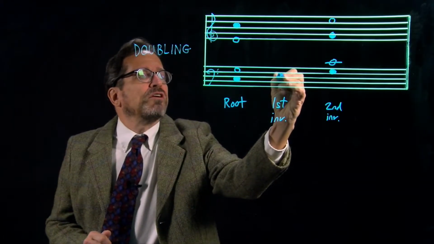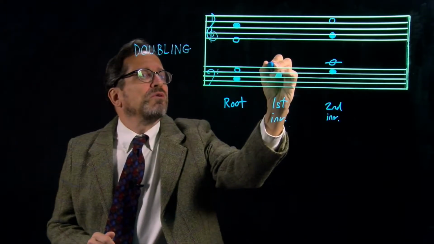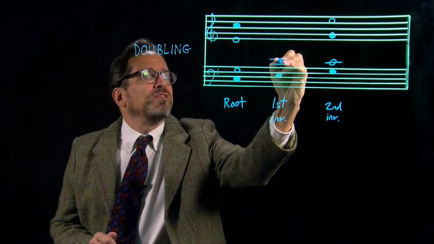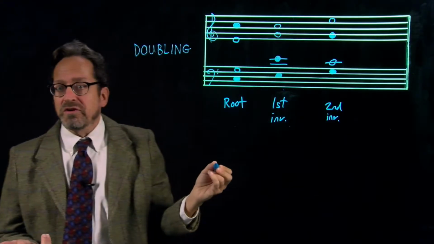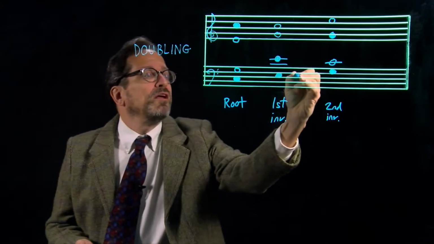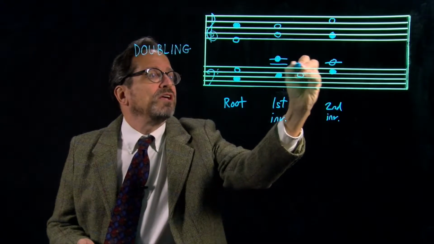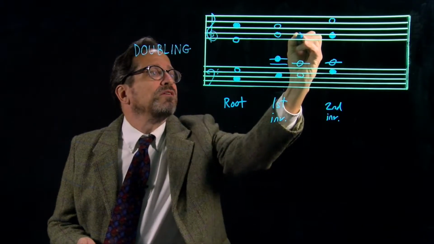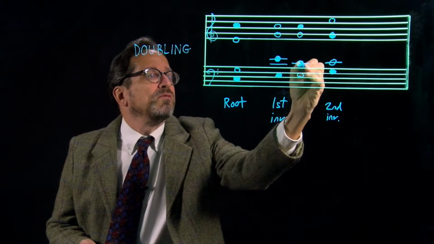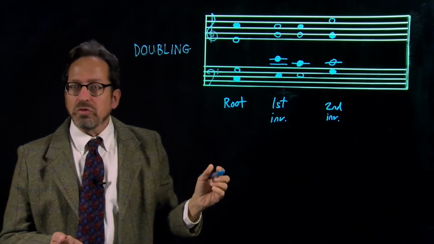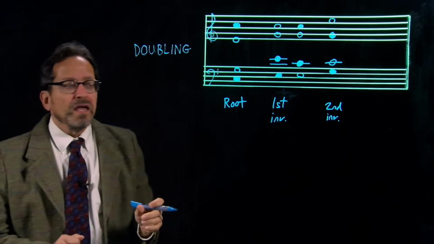If I have the third in the bass, there may be certain situations where I would want to double the bass and double the third of the chord. There may be a situation where instead of doubling the bass, I might double the soprano. Both of these are first inversion chords. I'm doubling a different part of the chord in each example.